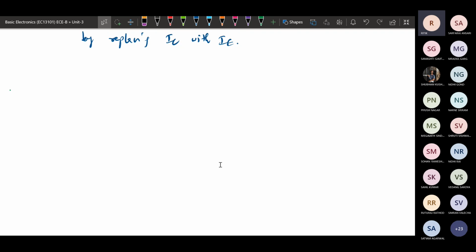What different properties these configurations give, we will see in the next lectures, when we explain the BJT working as an amplifier. These three configurations are the most frequently used. All of them have their own properties, based on input resistance and output resistance, and they are used for different applications.